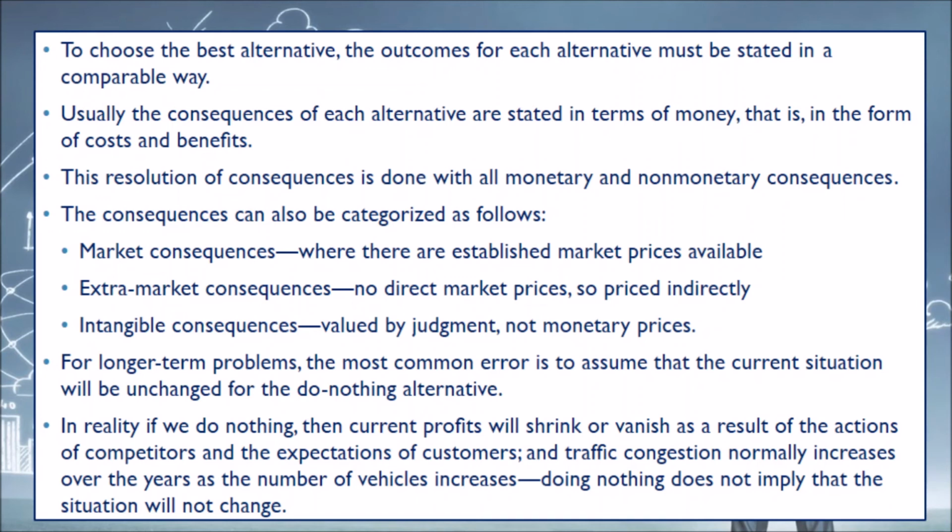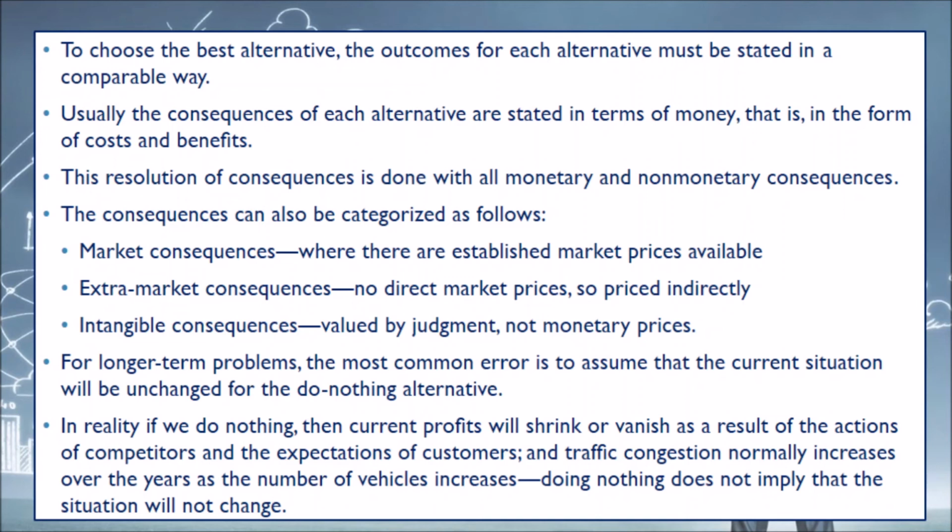The consequences can also be categorized as follows. We have market consequences, where there are established market prices available; extra market consequences, with no direct market prices, so priced indirectly; and intangible consequences, valued by judgment, not monetary prices.